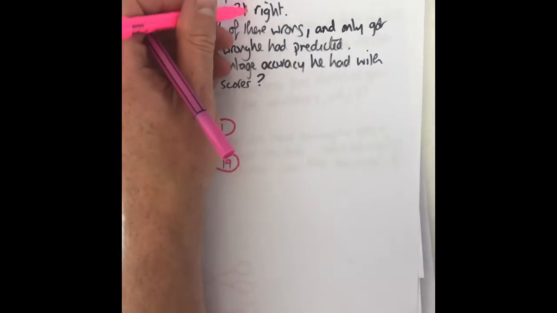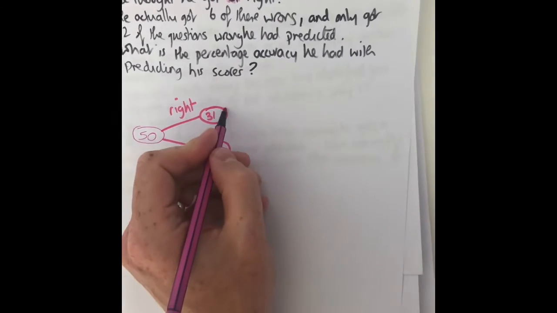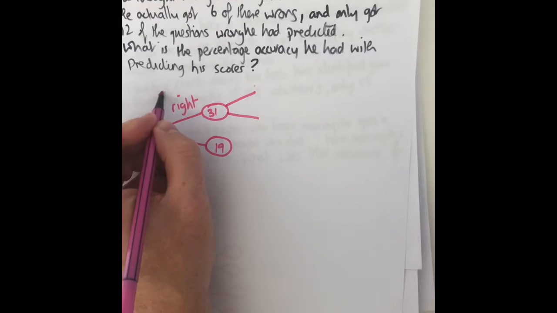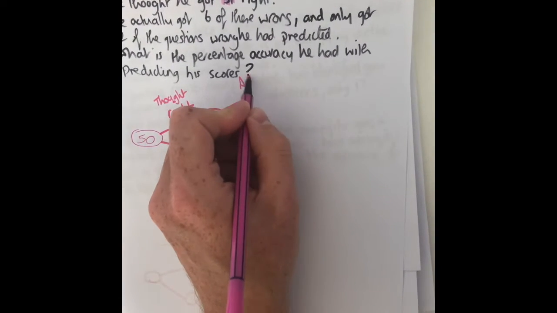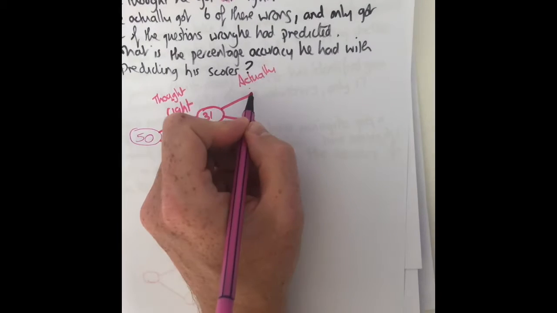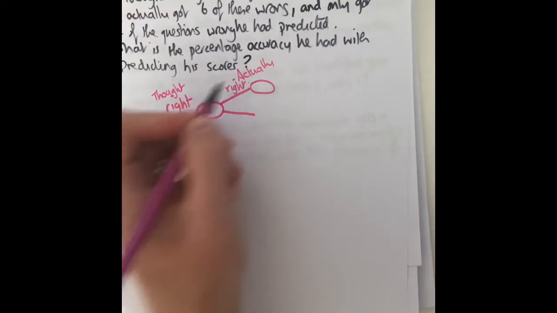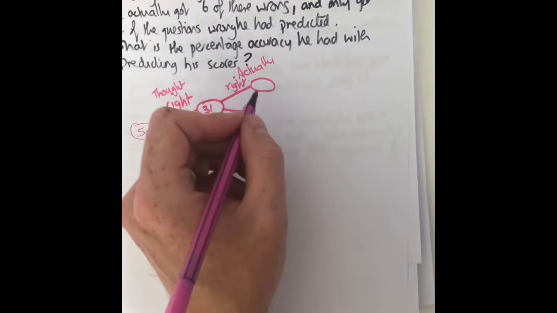So we've done that one. He actually got 6 of these wrong. So this one is thought he got right, and this is actually got them right. So thought right, and this is actually he's got them right.